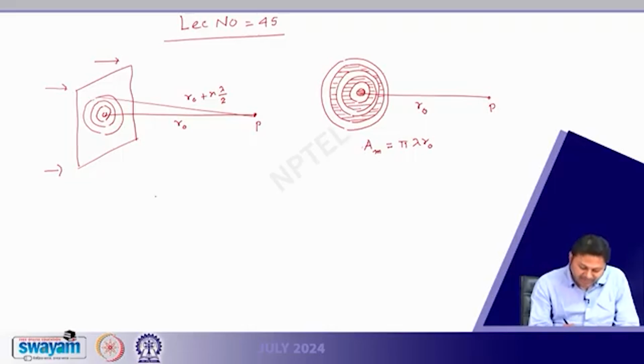We can also calculate the radius of these individual zones, which we did not calculate precisely. Today we will do that. Let me draw it.